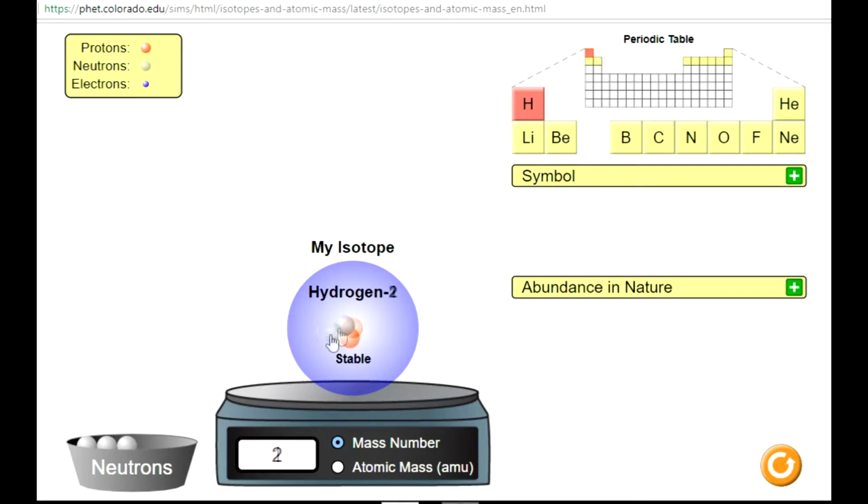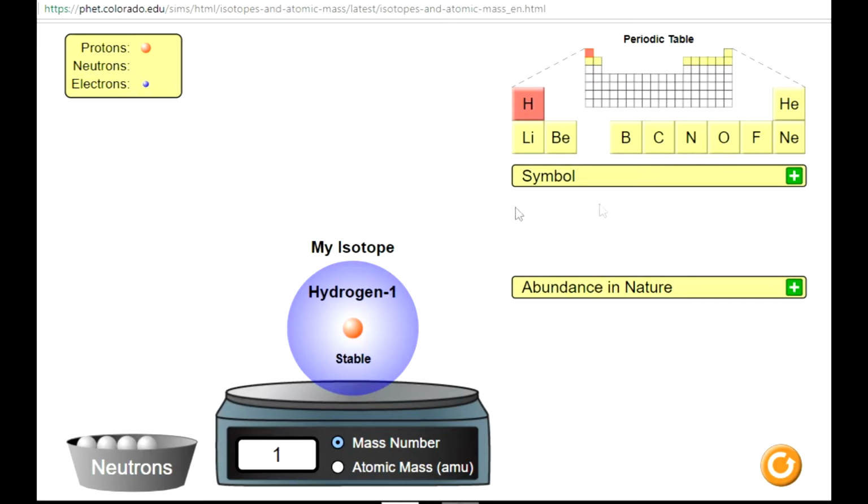Now this is an isotope of hydrogen, and you can see you've got two subatomic particles in the nucleus, or two nucleons, which we could call that. So the mass number increases to 2, and you've got one proton, one neutron, and one electron. So simply that is what an isotope is.